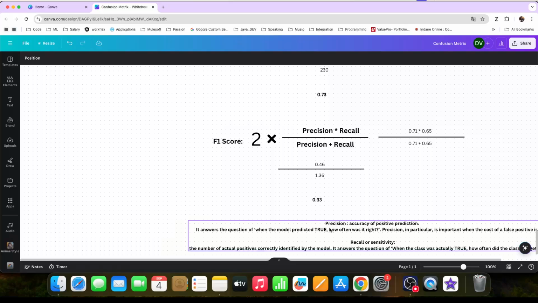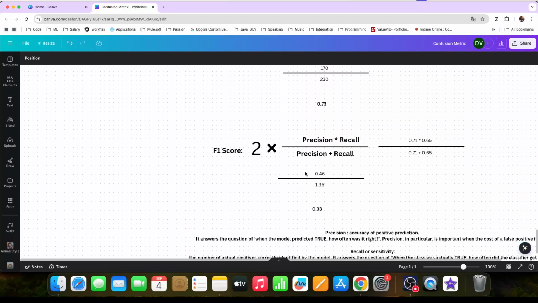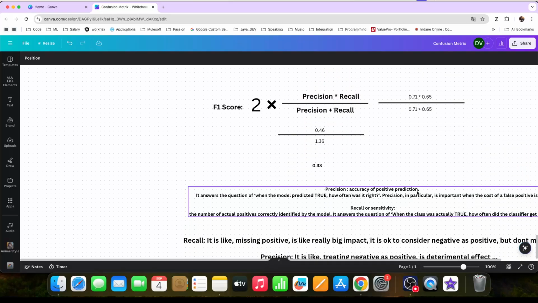Now let's come to the point: what is precision and what is recall? Precision is actually the accuracy of positive predictions, which means whenever my model predicted true, whether it was right or not. For example, if I gave an image of a boat or a bike and the model says it's a truck.